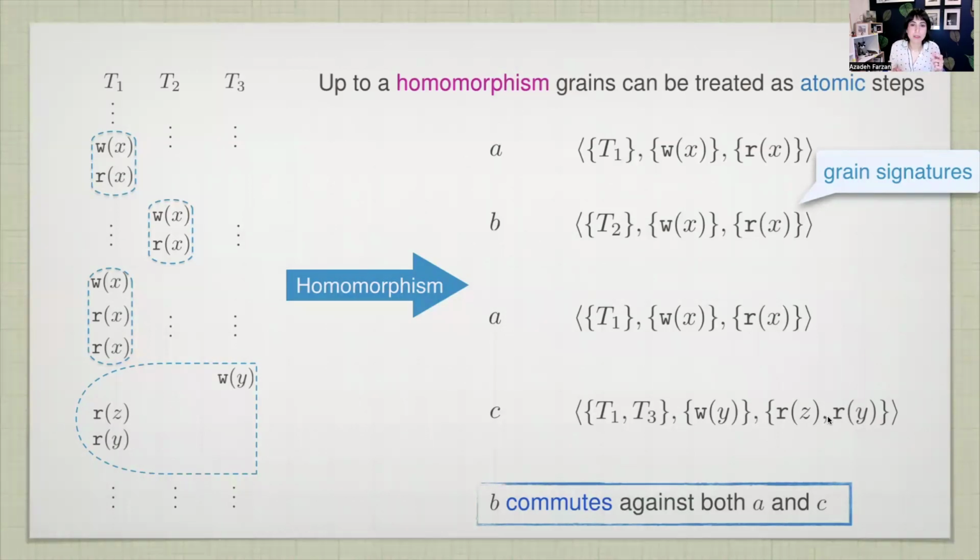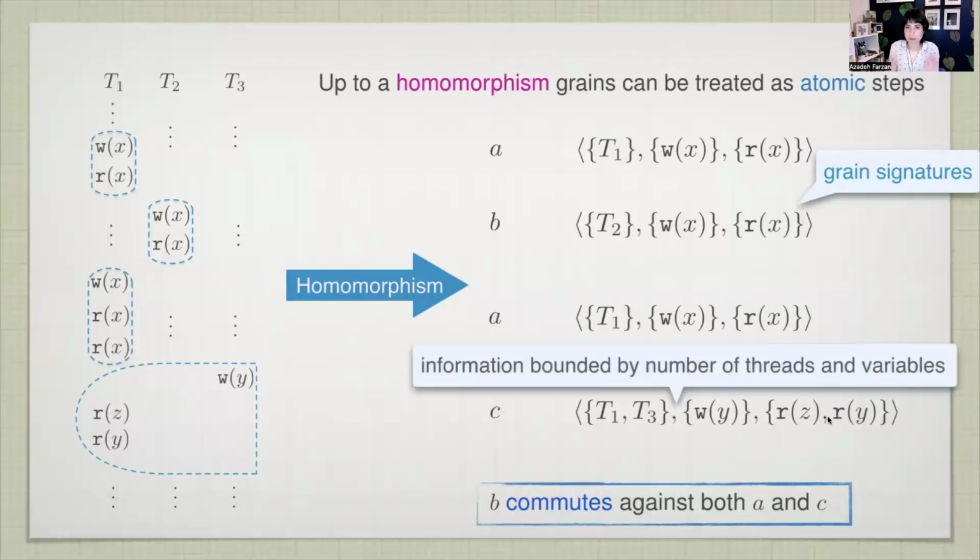For example, the two A's do not commute with each other because thread order forces us to keep their order. And A and C do not commute with each other because the thread order of T1 forces us to keep their order. So you have a mapping into a new alphabet, with a new commutativity relation implied by that alphabet, which is finite, right?